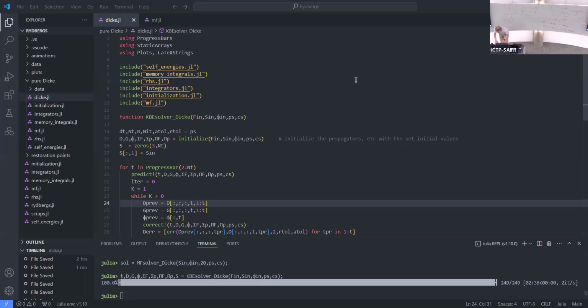Yes, they will say in the chat. It's arXiv, and it's like 2312.